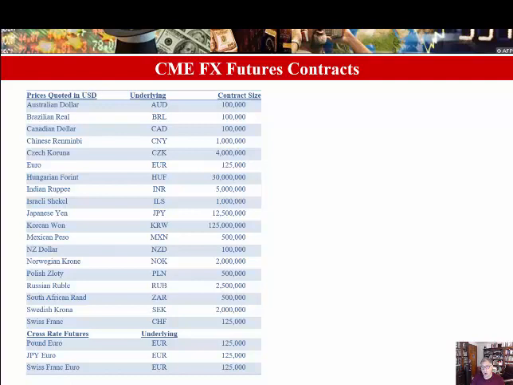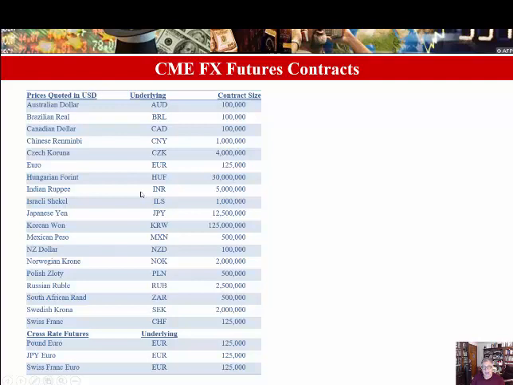So the norm in the futures markets is that the contract is priced in US dollars, and there is an underlying currency that the contract is composed of, usually ranging from 100,000 units to, as in the case of the Hungarian forint, 30 million units.